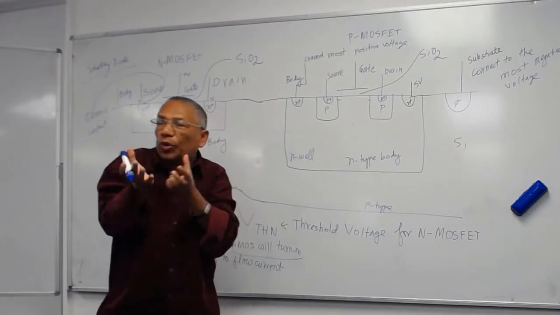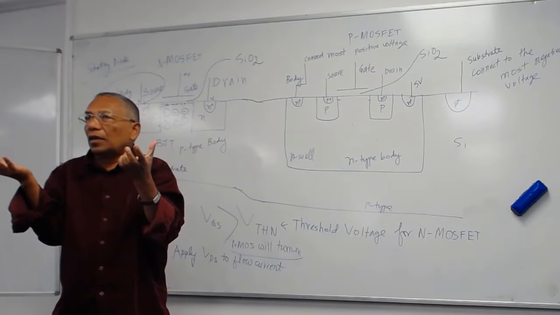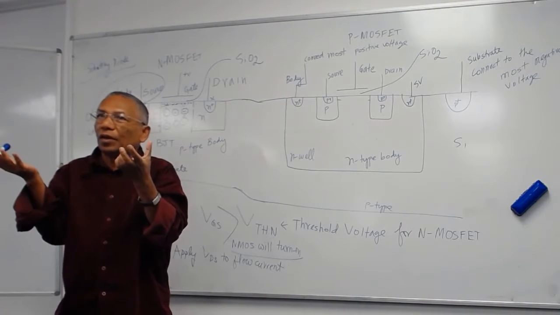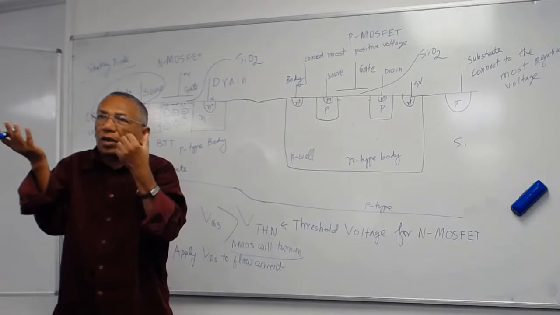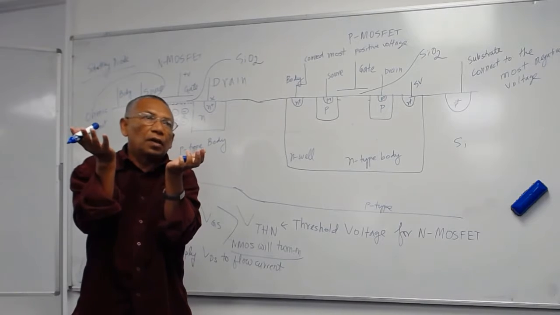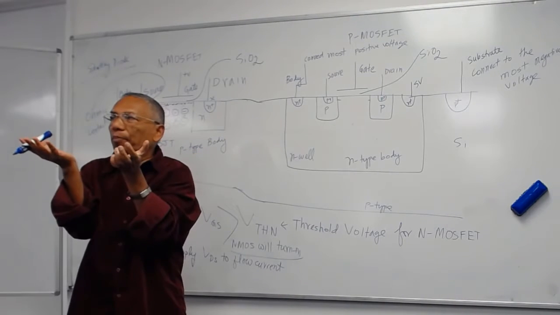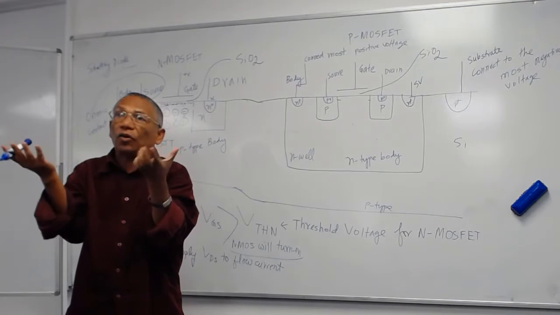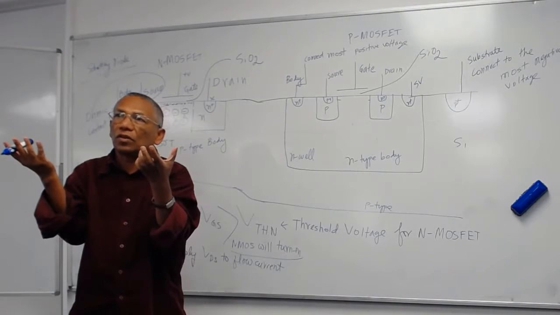N-type body, what do you have? Electrons and, remember, go back to your doping. In N-type material, you have electrons and what? What is the kind of ion you have in N-type? Carriers are electrons, which are negative, and then you have ions. What is the charge of the ions? Positive.